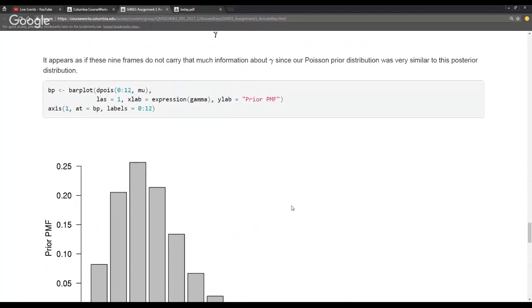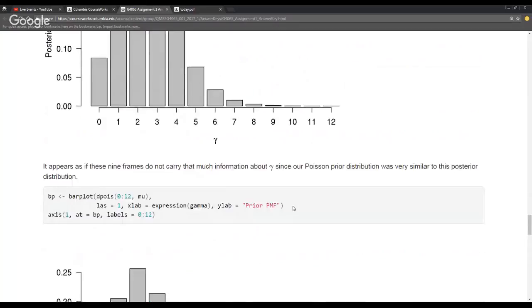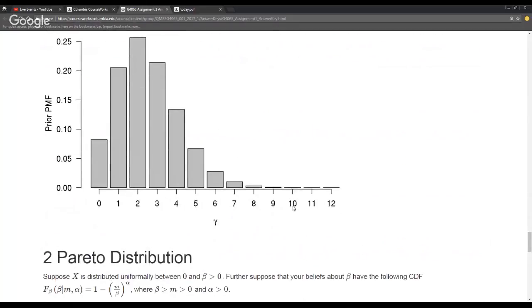And your eyes probably can't even really distinguish between those two, which is to say 9 frames of data didn't provide a whole lot of information about what gamma is beyond what we already assumed with our Poisson prior. That has to do in part with the probabilities in the 11 by 11 table not being very sensitive to gamma. So if gamma is small or if gamma is big, you get pretty much the same thing.